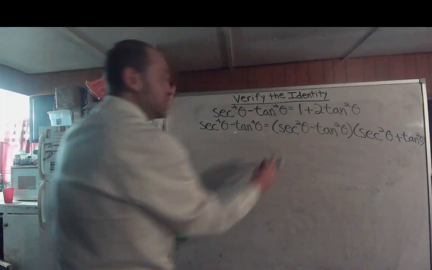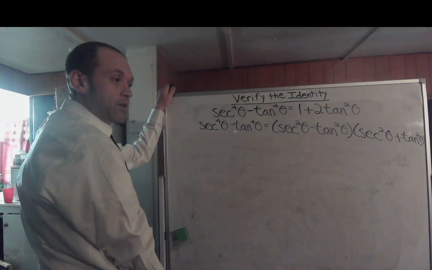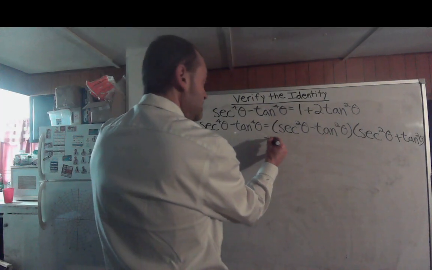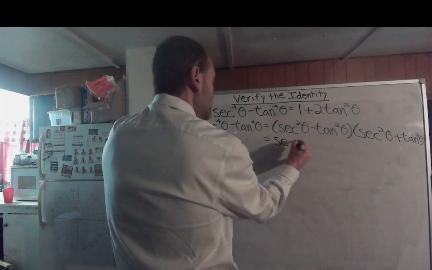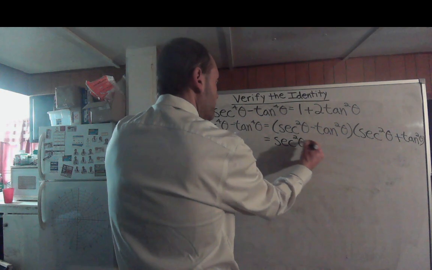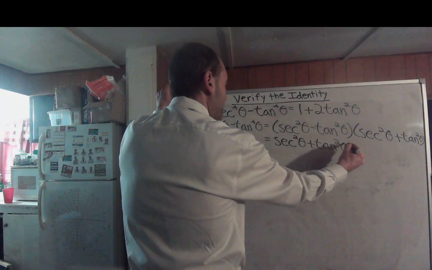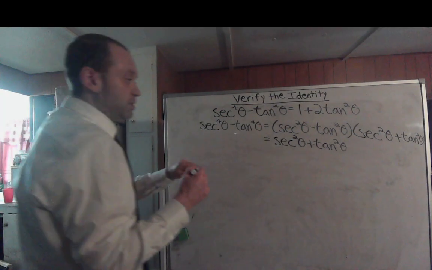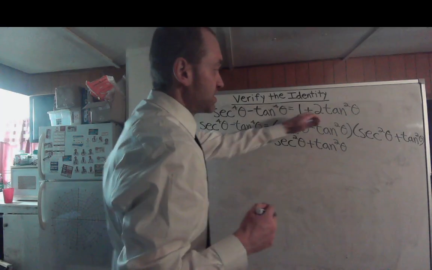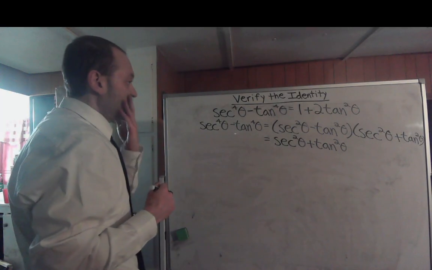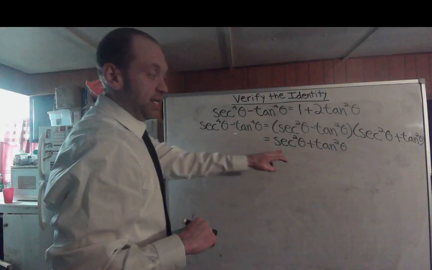Alright, so what's secant squared minus tangent squared? That's actually just 1, so you'll end up with secant squared of theta plus tangent squared of theta. Alright, well, we're supposed to get this in terms of 1 plus 2 tangent squared of theta. So what is secant squared?